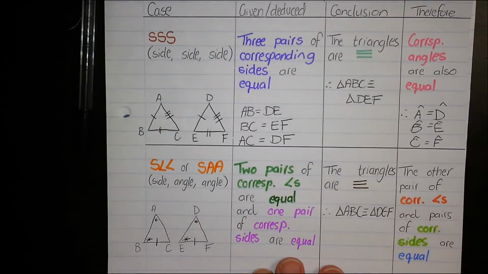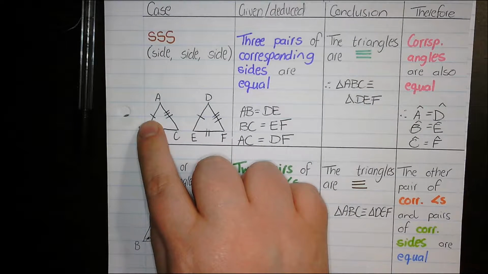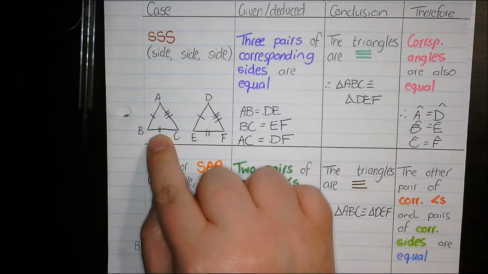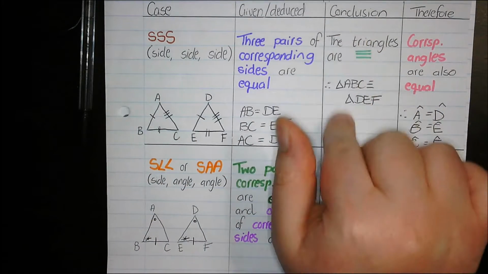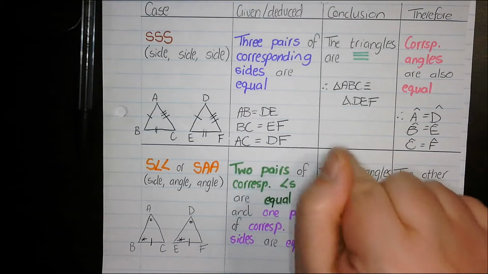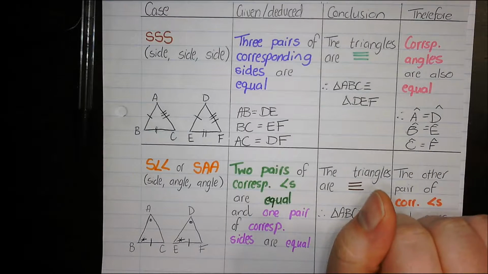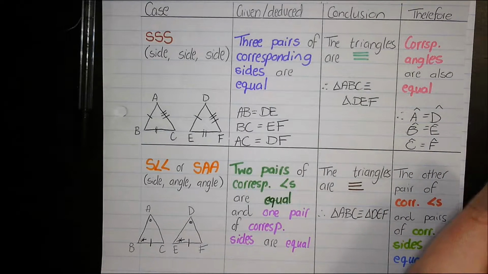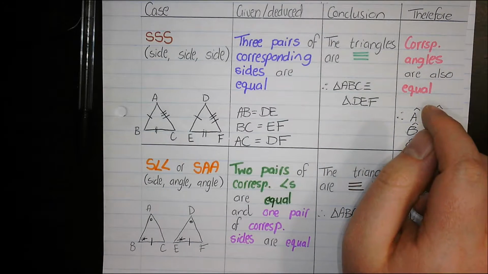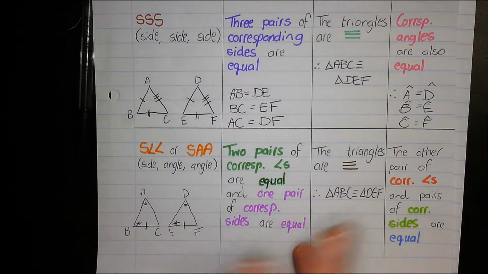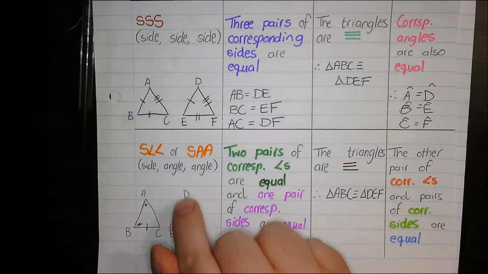The first case is side, side, side, where if you can prove that one side has a partner, another side has a partner, and the third side has a partner, then the triangles will be congruent, and from that you can then say that the angles will have partners as well. By the way, we call these partners corresponding sides and corresponding angles. I refer to them alternately so that you can remember it easily.